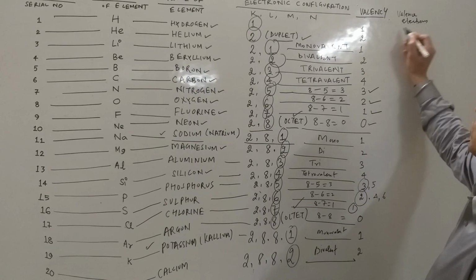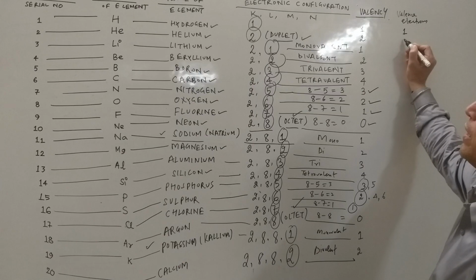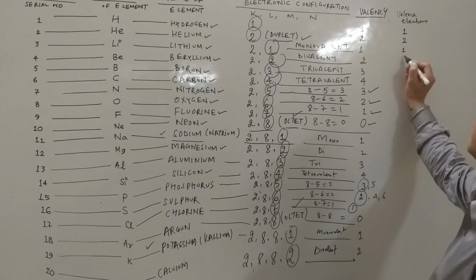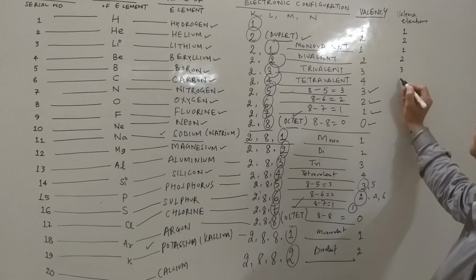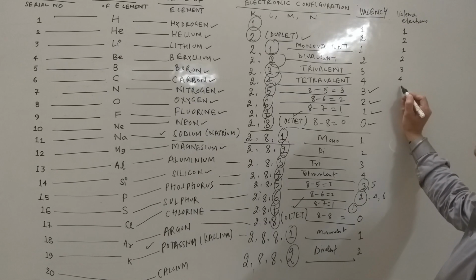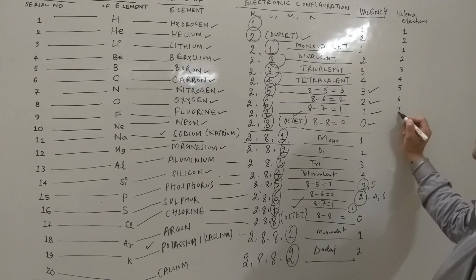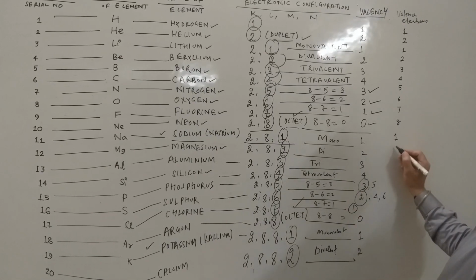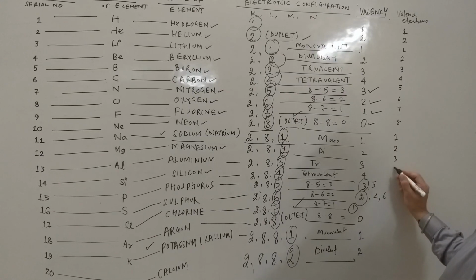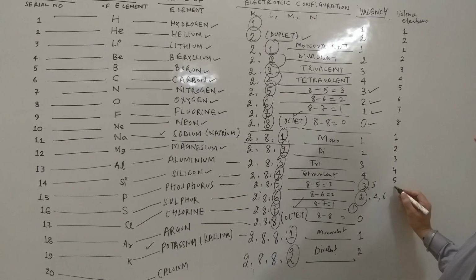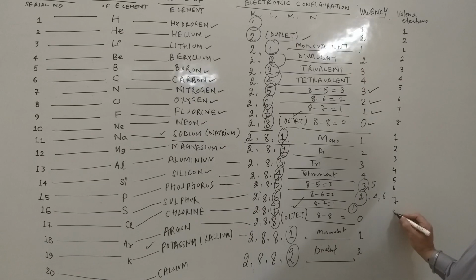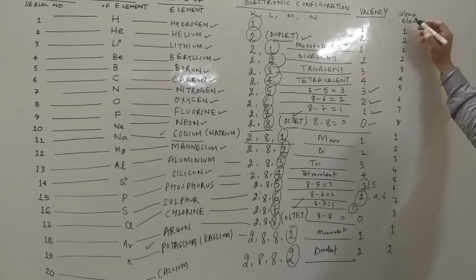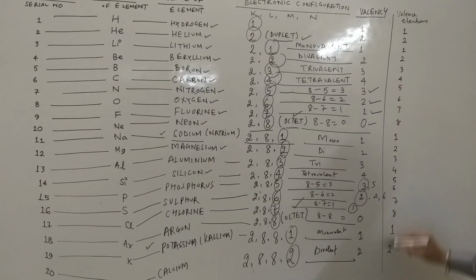The valence electrons were 1, 2, then 1, 2, 3, 4, 5, 6, 7, and 8. Then again 1, 2, 3, 4, 5, 6, 7, 8, 1 and 2. These are the valence electrons, which are the electrons present in the outermost shell.